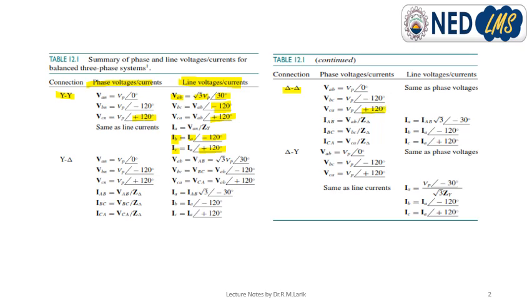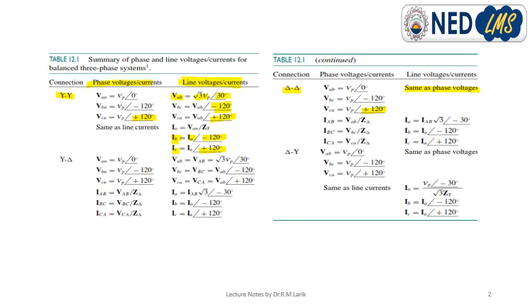Either you write minus 240 or 120, same thing. The line voltages in delta-delta are the same as the phase voltages. So what is the phase current in delta-delta? It is the phase voltage over the phase impedance connected in delta.